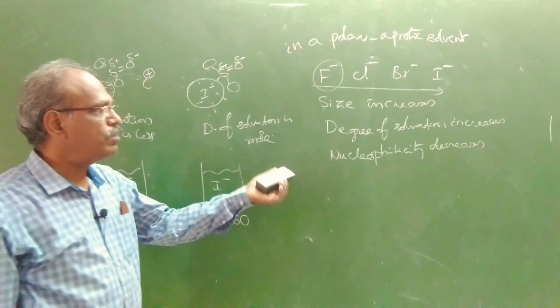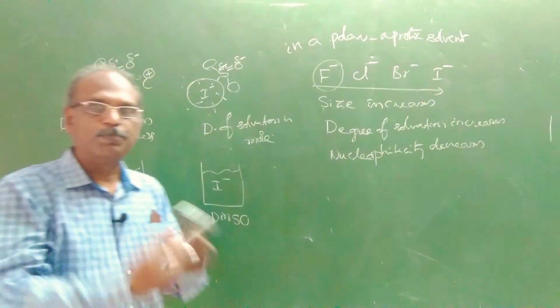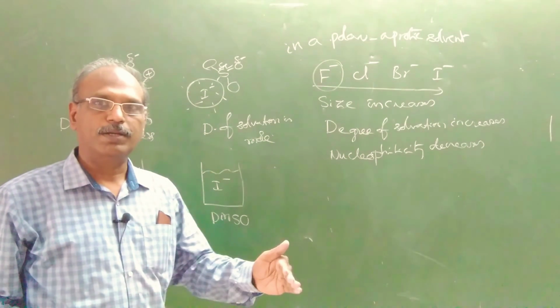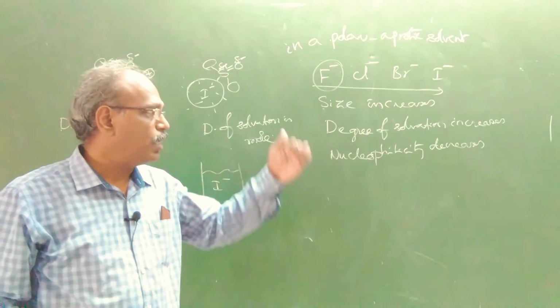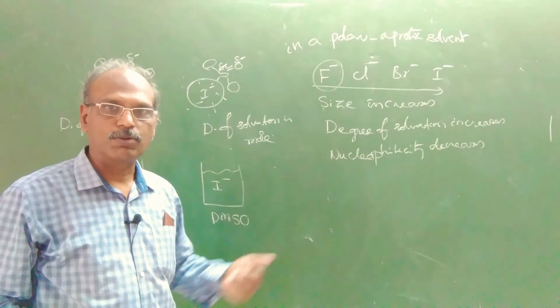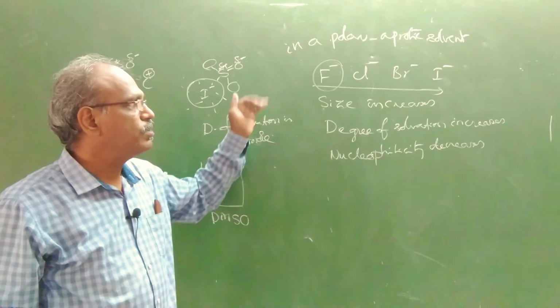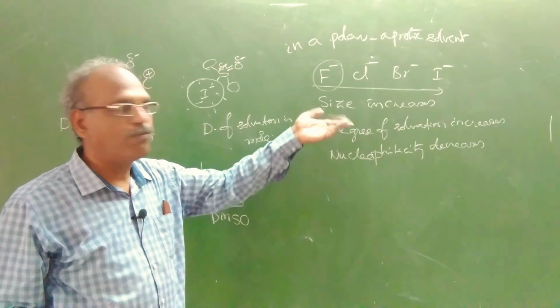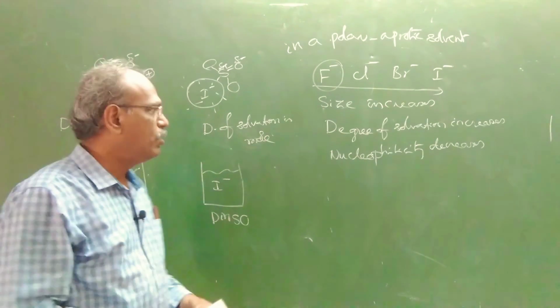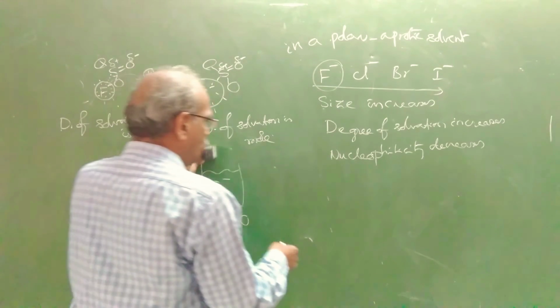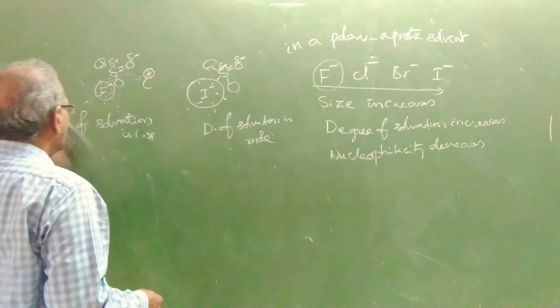So in that way, if a polar aprotic solvent is given, we have to treat with F minus. That is the best nucleophile. If a polar protic solvent is given, among these, the best nucleophile is I minus.